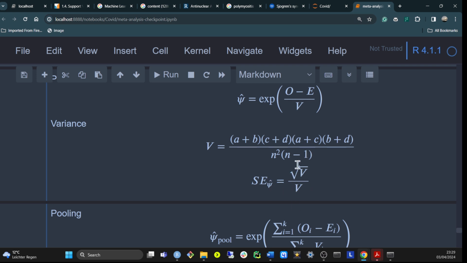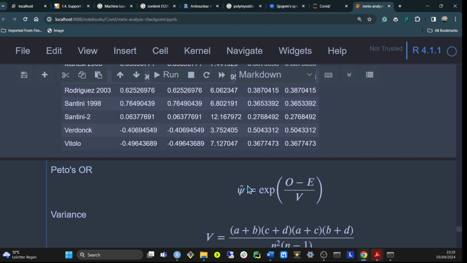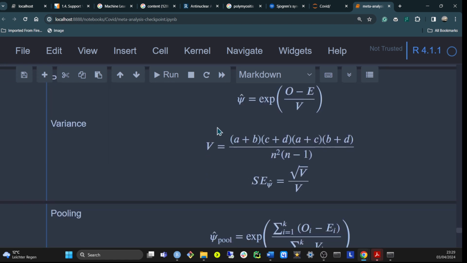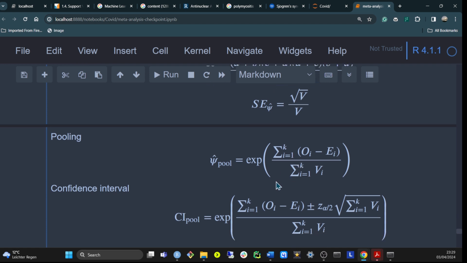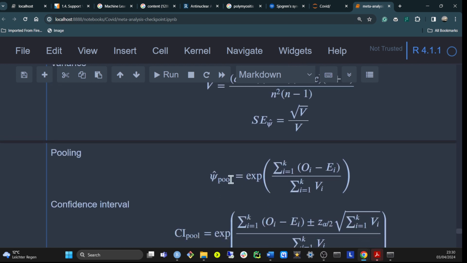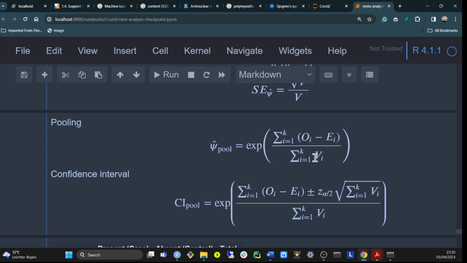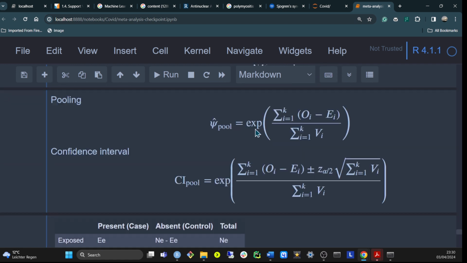With that, you get the variance. For the variance I also have a function here, the variance of the Peto's log odds ratio. n is the total population. So we have row 1, row 2, column 1, column 2, and we simply multiply all of them, then square the sample size and multiply it by n minus 1. That will give you the variance.